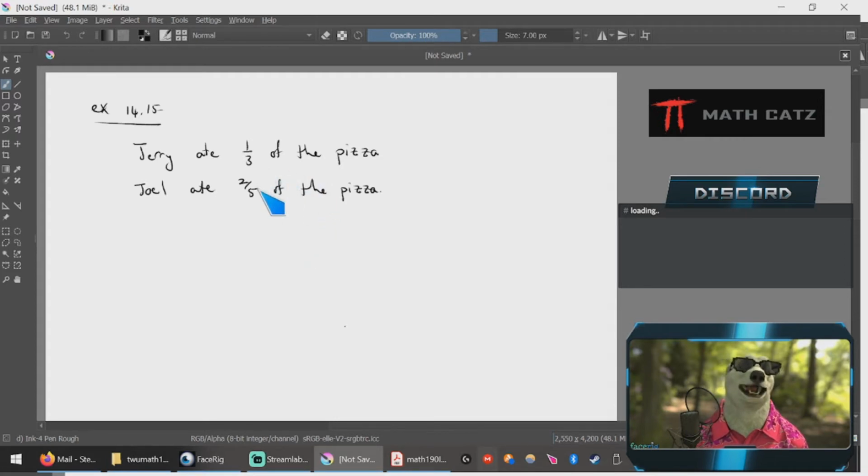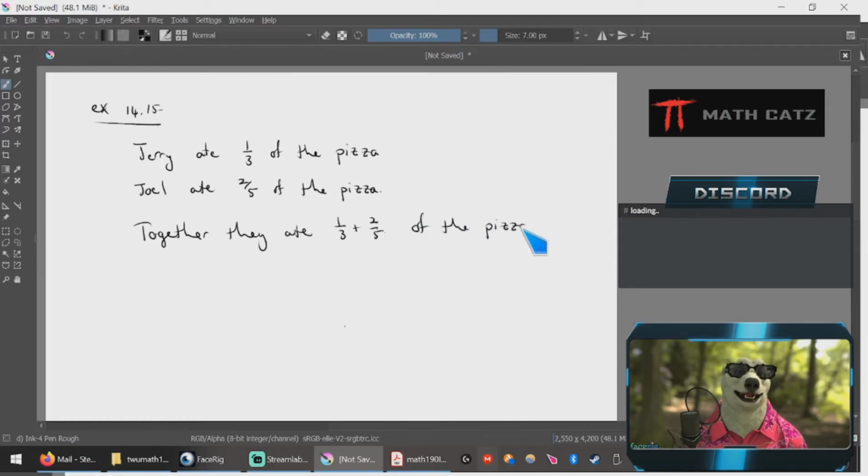Try and relate it to simpler numbers, but a similar situation, until they can realize, well, together, if I want to find out how much they ate, I need to add these together, of the pizza in this case.